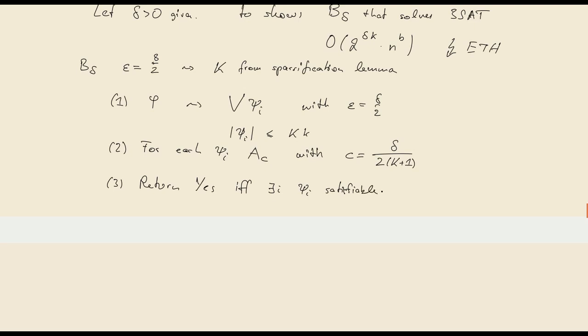And by the sparsification lemma, these two are equivalent in the usual sense. So any satisfying assignment for these has to satisfy at least one psi_i, and then phi is satisfied and vice versa. So it's clear that this algorithm is correct because it just uses this reduction. But the interesting part is the running time.